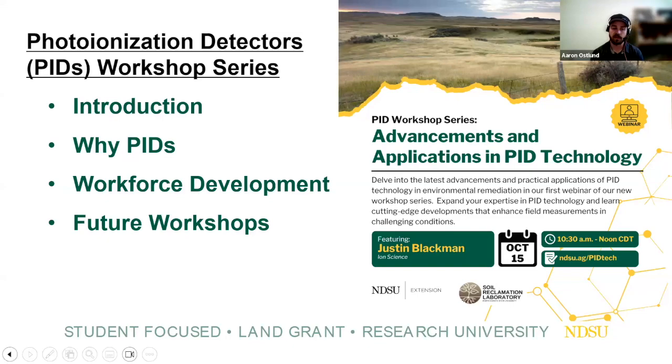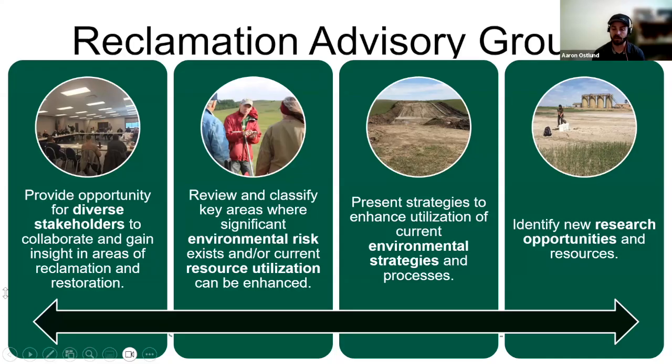And so, mitigating these risks is essential to maintaining productivity across our landscape, both for ecological function and agricultural practices. So photoionization detectors play a key role in detecting volatile organic compounds. And at impact sites, they allow us to do proper delineation so that we can identify where environmental risks exist and be thoughtful about the resources that we allocate to those areas.